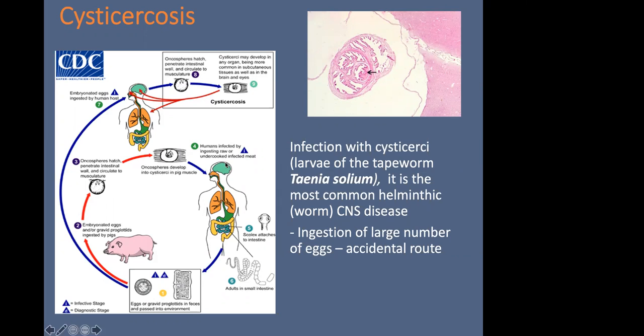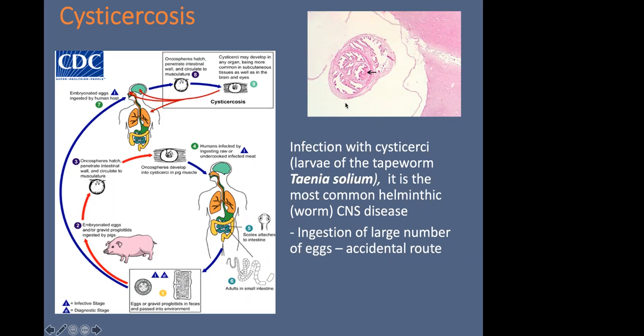When that happens, the brain harbors maybe small, but maybe large number of encysted cysticercus. Looks like this. Here, the cyst is residing in the meninges. You can see the arachnoid here, and the brain is right there, and the cyst is kind of floating in the meninges, subarachnoid space.